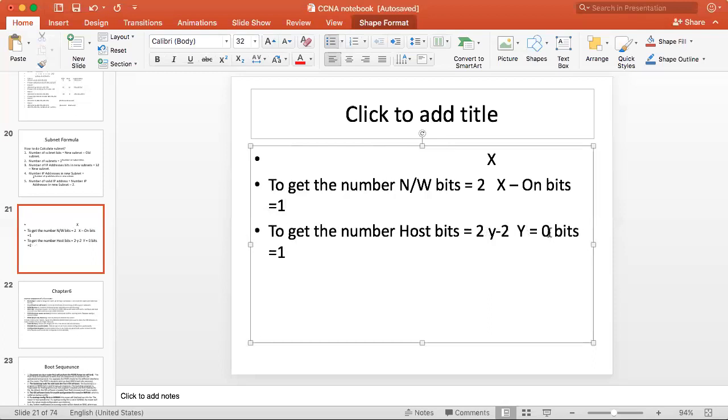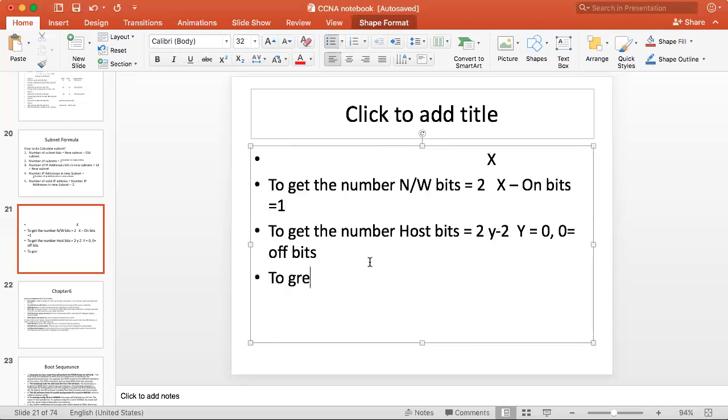So where y is 0, and 0 is called off bits. We will now calculate based on this formula. We'll take one example, but further, there are 2 more formulas to get the block size and so on.